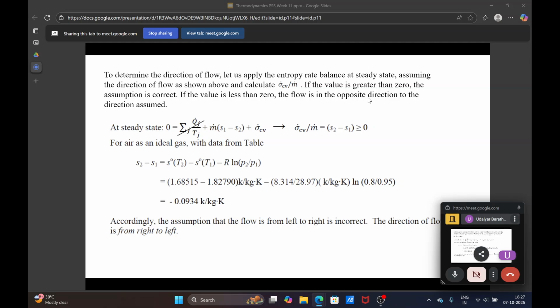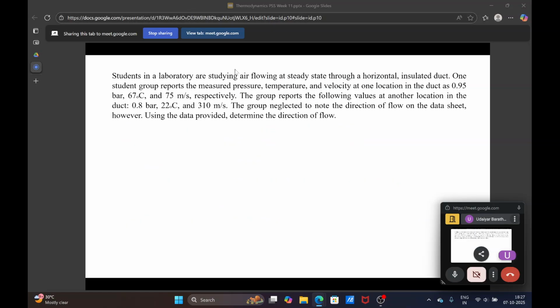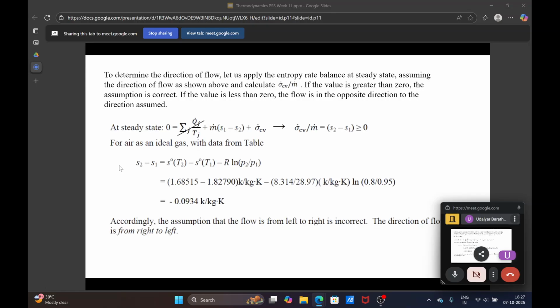To determine the direction of flow, let us apply the entropy rate balance at steady state, assuming the direction of flow as shown above. So at steady state, applying the entropy balance equation, dS by dt is 0, and there is no heat transfer since this is an insulated duct, so Q by T is 0.